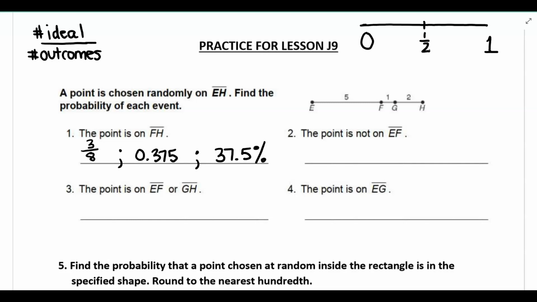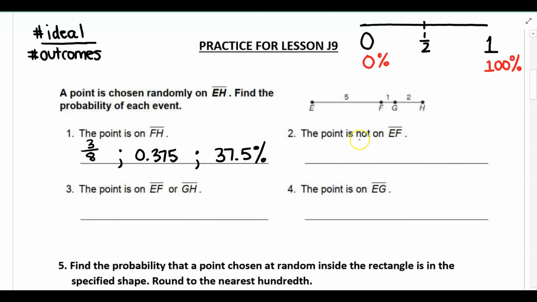So the closer your number is to 0, the less of a chance it is. The closer it is to 1, the more of a chance it is. In terms of percent, that's the difference between 0% and 100%, right? No chance versus a guaranteed chance. Okay, so this first one had a probability roughly of around here. Hopefully that makes sense.